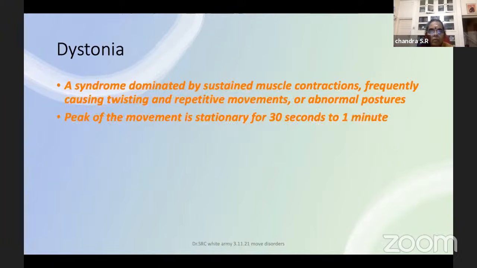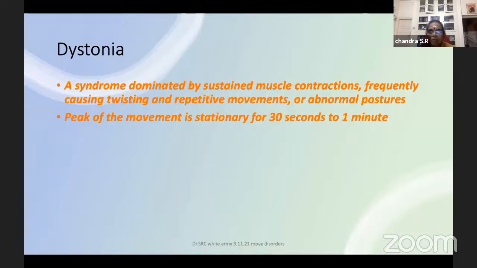Then you have dystonia. Dystonia is a syndrome dominated by sustained muscle contraction, resulting in twisting and repetitive movement. If the peak of the movement lasts for 30 seconds to 1 minute, it is a dystonic movement.